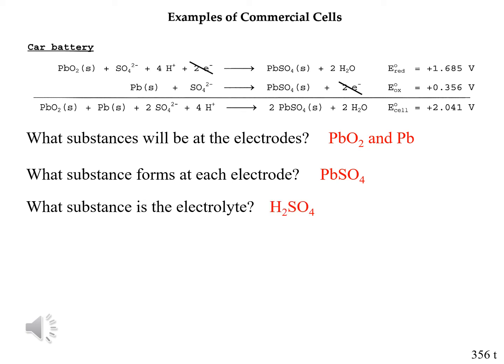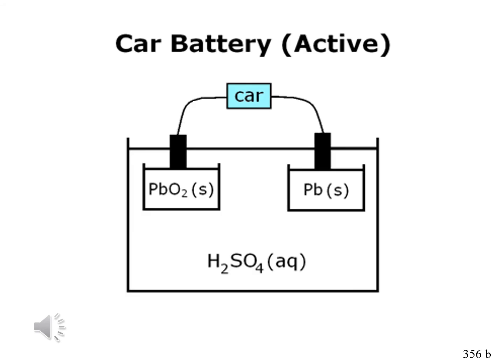And the answer, of course, is sulfuric acid. This is one reason why they make so much of it, because this is the electrolyte in car batteries. And you don't even need a salt bridge, because H2SO4 is the same electrolyte at both poles. That's very helpful because you just fill the battery with sulfuric acid and it works.